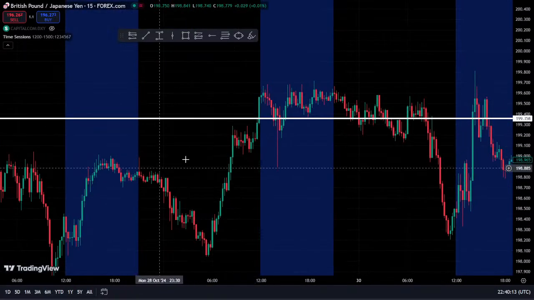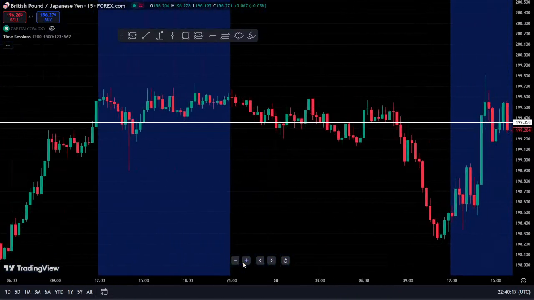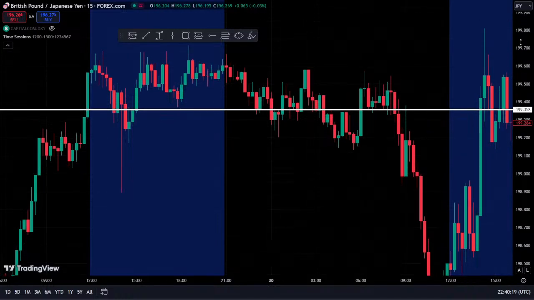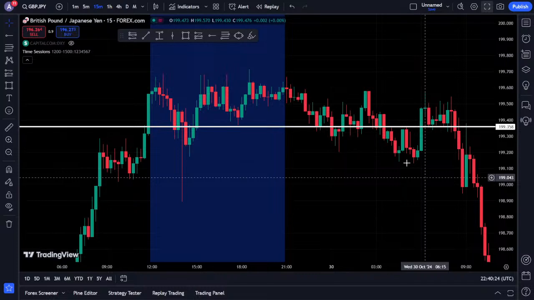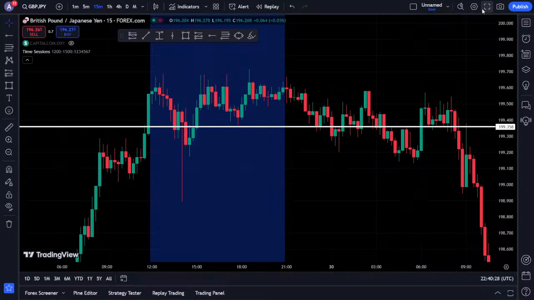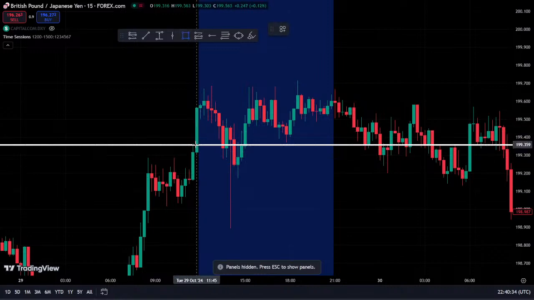Then the next day, liquidity is swept. It's 15 minutes. Liquidity is swept.